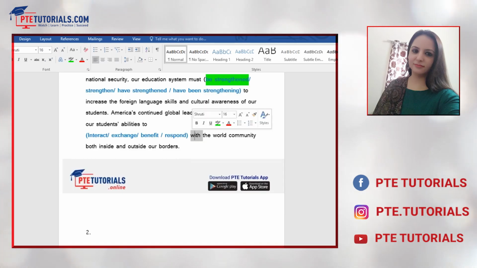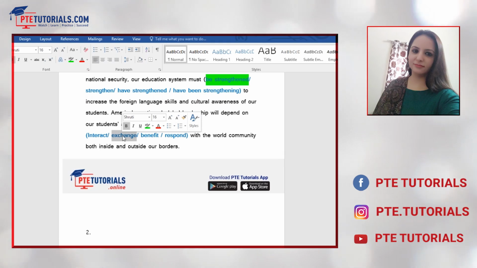Okay, benefit with is fine, but I cannot write here abilities to benefit with this. Abilities to get benefited, and one more, benefit with this and this, our borders, is not making sense. Exchange with is fine. We always have exchange with, but I'm not getting the meaning. America's continued global leadership will depend on our students' ability to exchange with the world community both inside and outside.